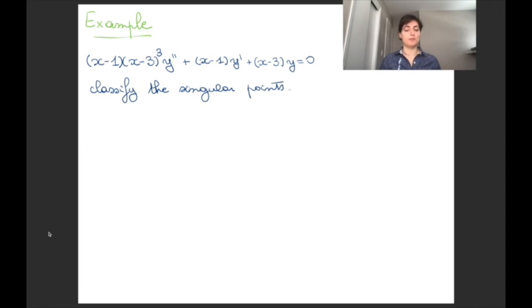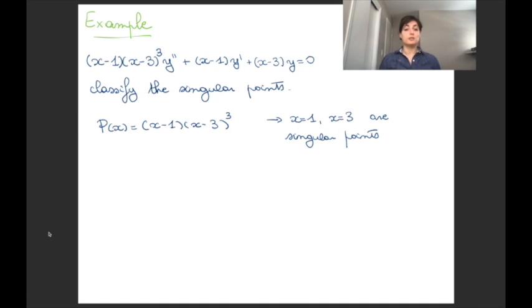Let's look at an example classifying the singular points of this equation. We have that P of x here is x minus 1 times x minus 3 to the third, Q of x is x minus 1, and R of x is x minus 3. Can we classify all the singular points in this equation? First of all, the singular points in here are x equal to 1 and x equal to 3.